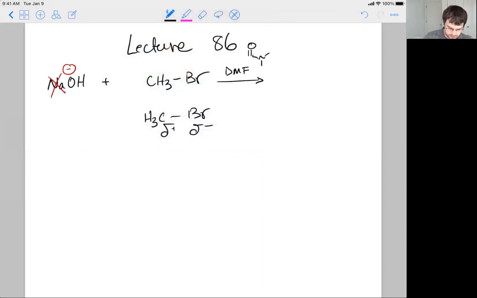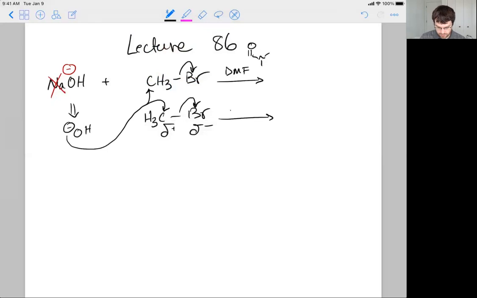It's going to dissociate to give rise to this negatively charged species on oxygen. That's going to be attracted to the delta plus on the carbon atom. The carbon atom can only hold 4 things, and so as to avoid exceeding its octet, we're going to shove off the good leaving group, which is the bromine atom.